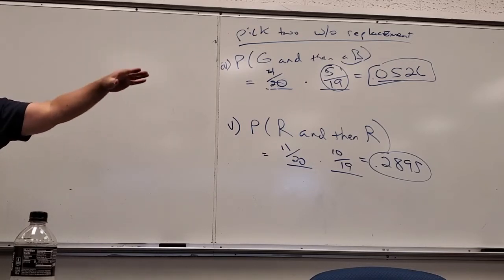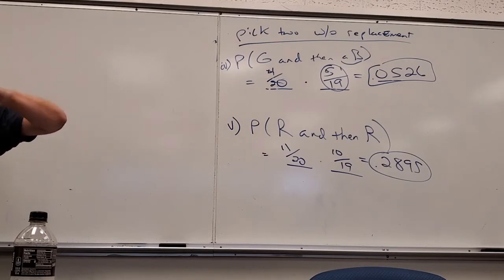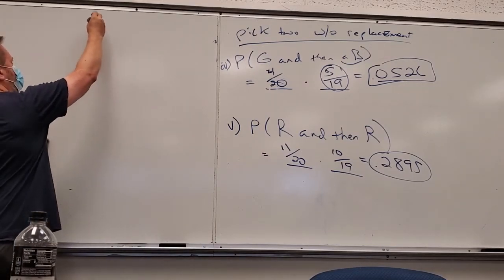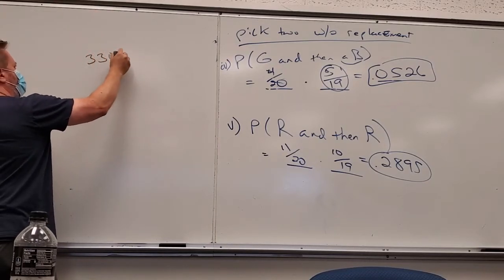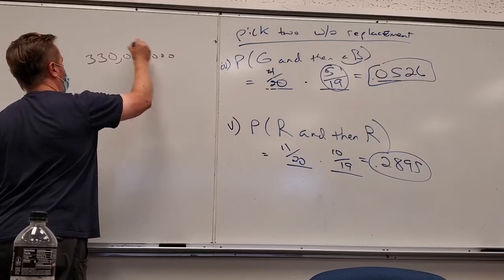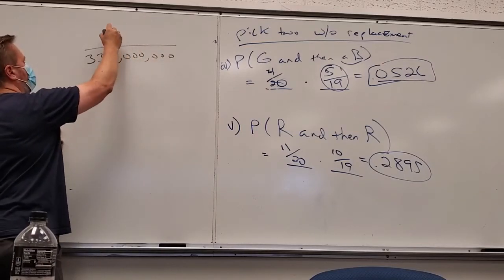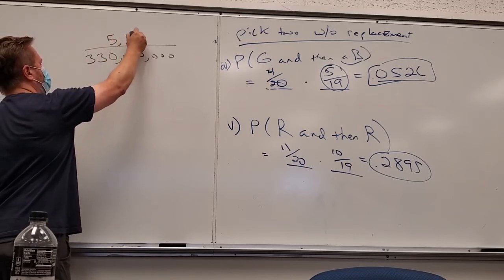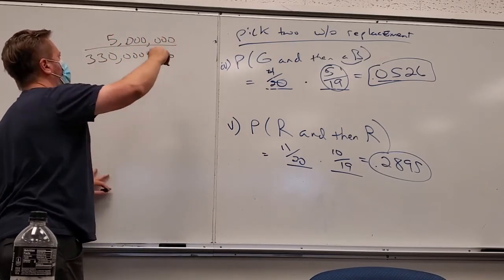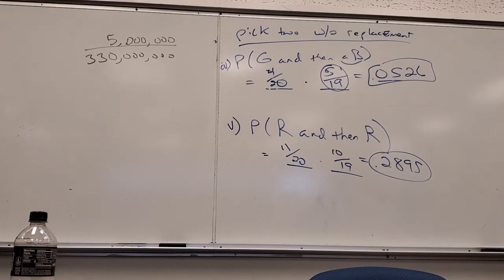I always think it's 340, but we've suffered some losses recently, so we're about 330 million. All right, so what if out of those 330 million, let's say 5 million like to play golf, whatever, I don't care, right? What does that division come out to be? Somebody help me out.